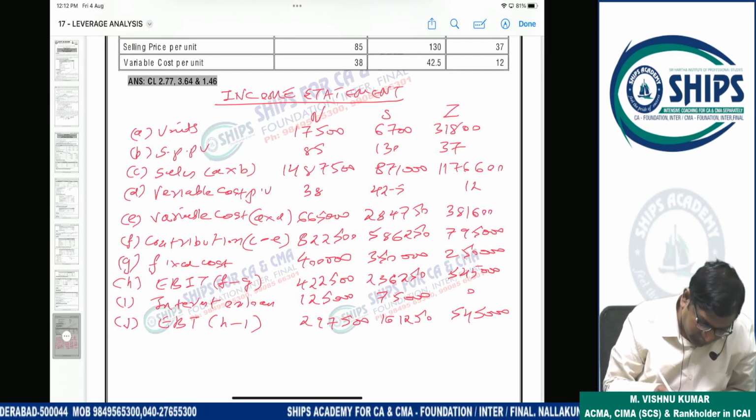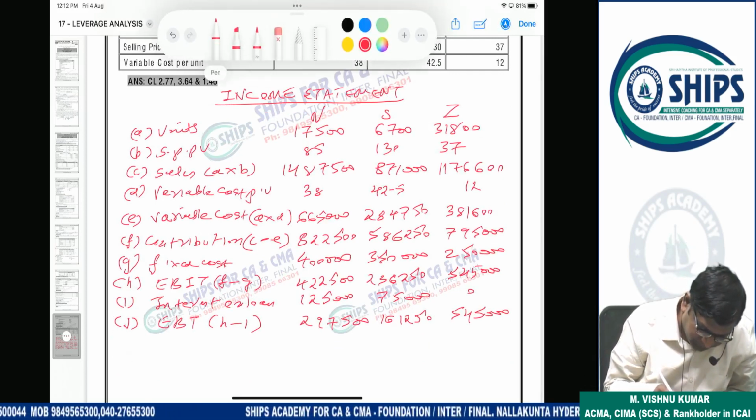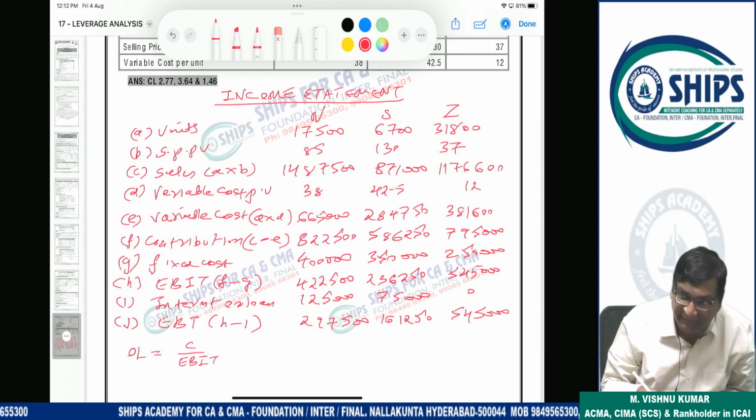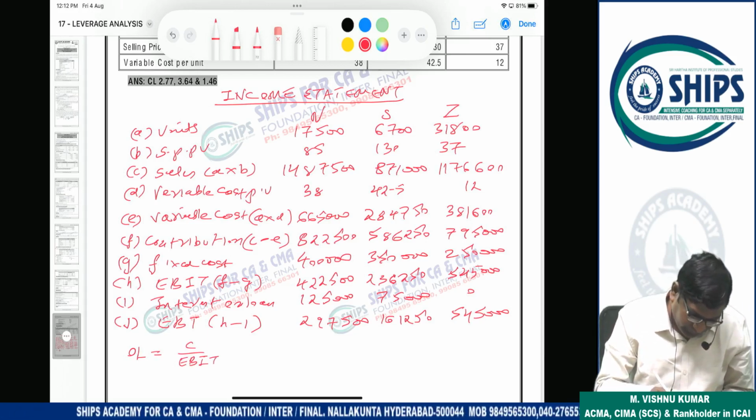Now first what we have to calculate? Operating leverage. Contribution by EBIT. So contribution by EBIT.